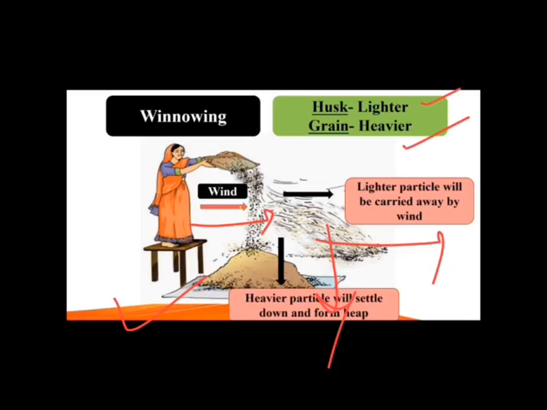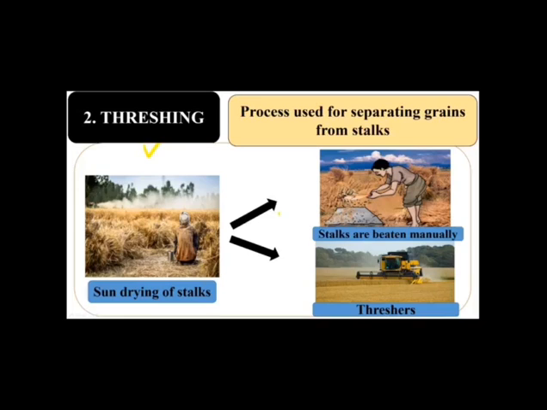So I think all of you have understood what winnowing is and what threshing is, right? Let me clear the difference between threshing and winnowing. In winnowing we separate the grains from the husk, but in threshing we separate the grains from the stalk.